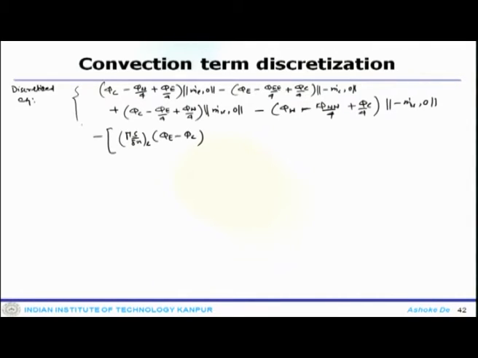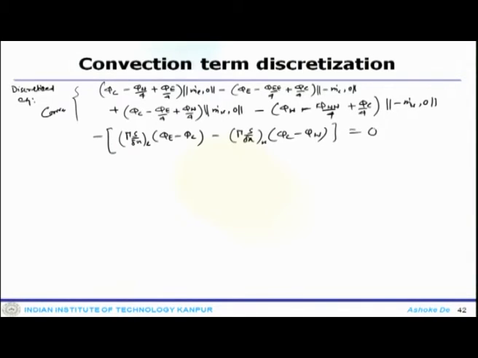So, this portion contributes the convection, and then this is the diffusion term, gamma over del x at w, times (phi c minus phi w), equals 0.